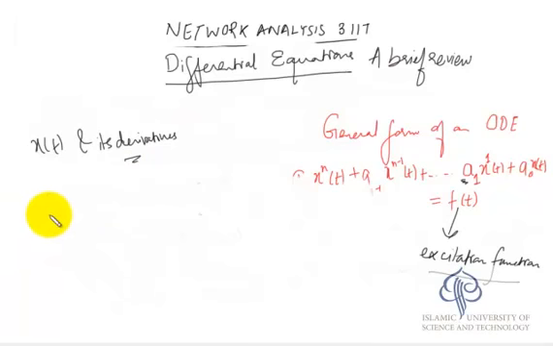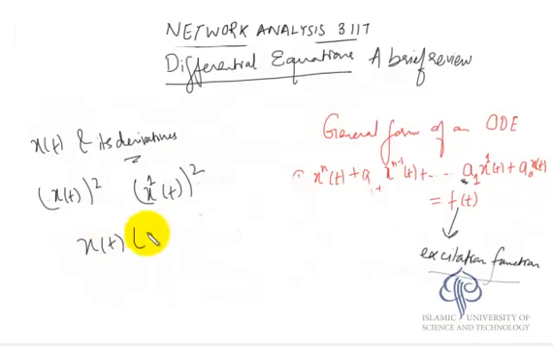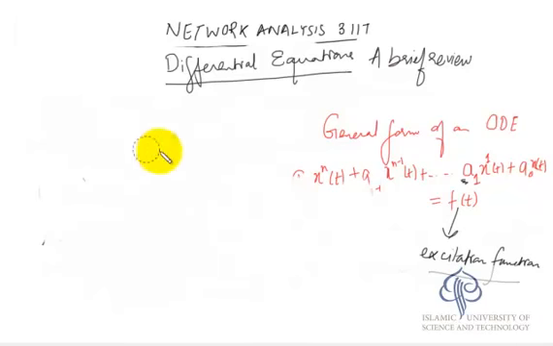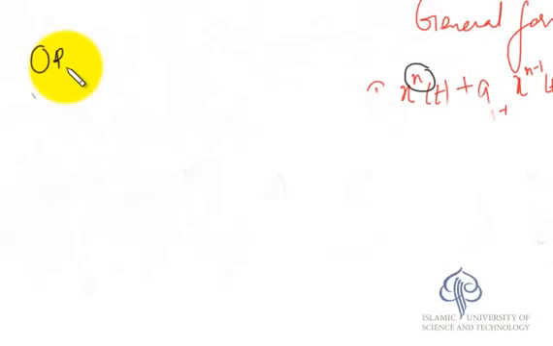Only first degree x(t) and its derivatives will be present. Like for example, you'll have nothing like x(t) squared or the first derivative of x(t) squared, or even the product of x(t) and the first derivative, for example. These terms will not be there if the differential equation is linear. Then the highest degree derivative within the differential equation, which in this case is n, is called the order of the differential equation.